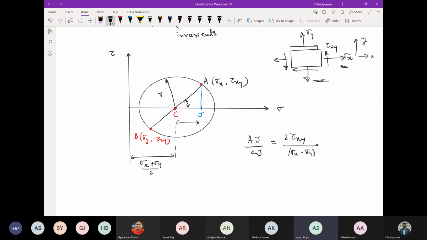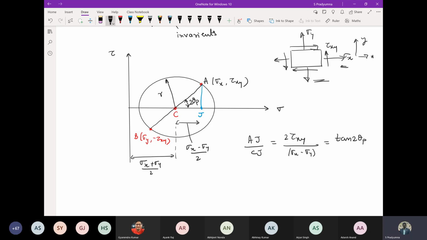Correct? Yes, sir. So the line CJ is equal to sigma x minus sigma y by 2. Therefore, this is equal to tan 2 theta p. Correct? Yes. Therefore, this angle is equal to 2 theta p.